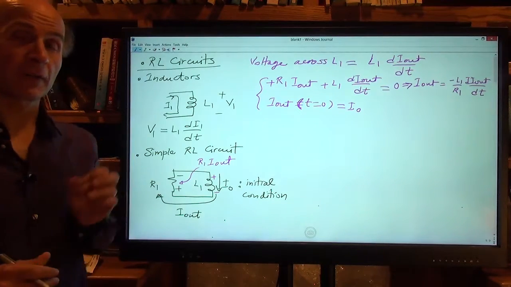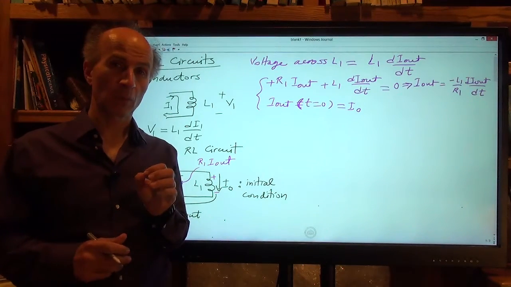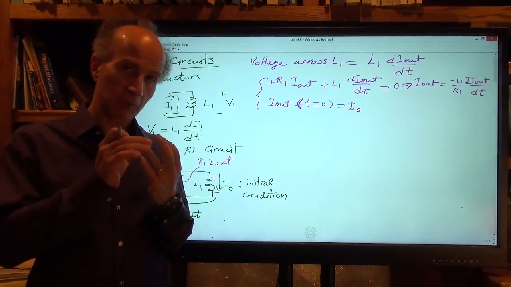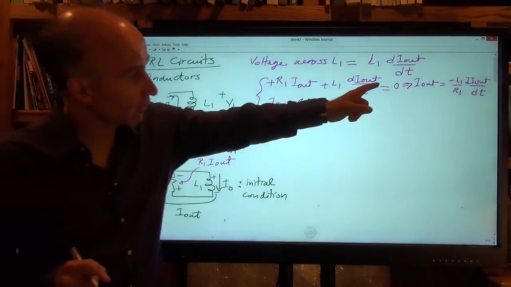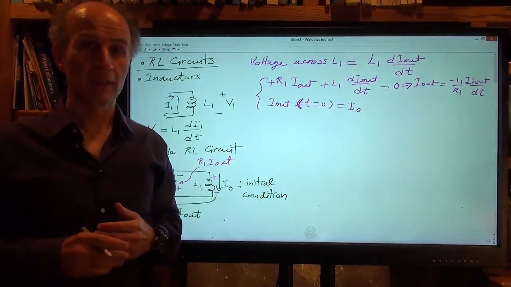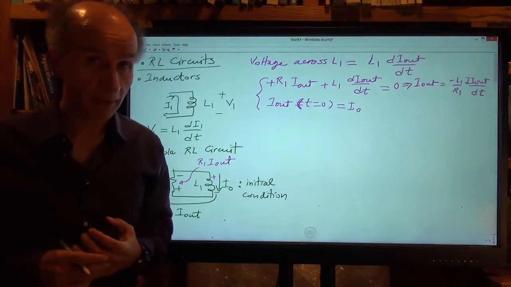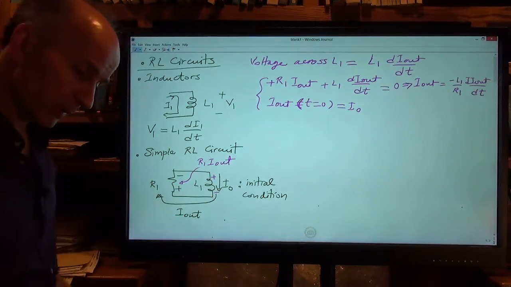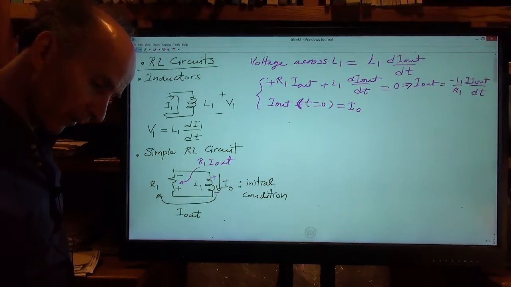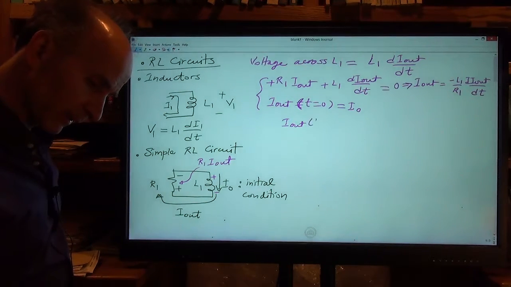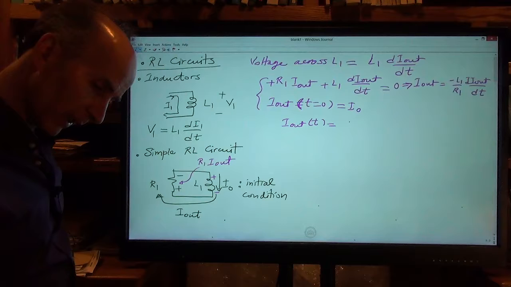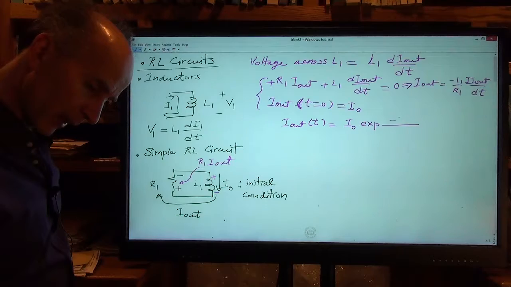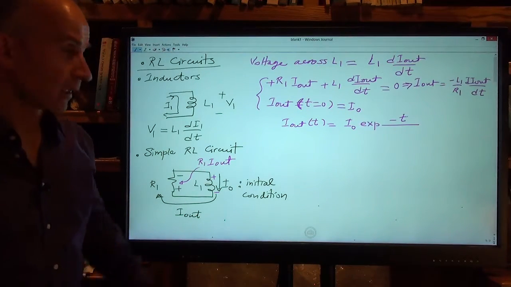So in the case of the RC circuit, we saw that the time constant was equal to the resistance multiplied by the capacitance. In this case, what we see is that we have a ratio of L and R, right? Not the product of L and R. So once we solve this, we end up with the following. I out of t will be given by, it's an exponential that decays, so it will have a value of I0, then exponential of minus t over a time constant.